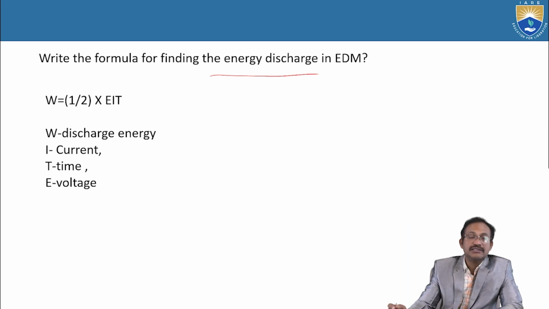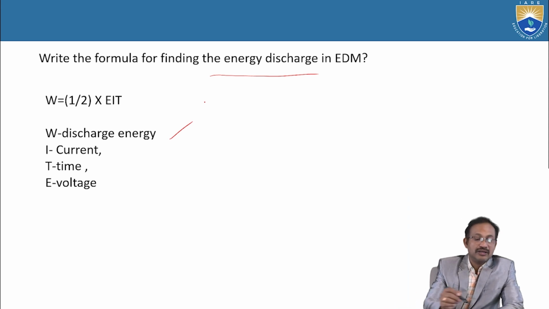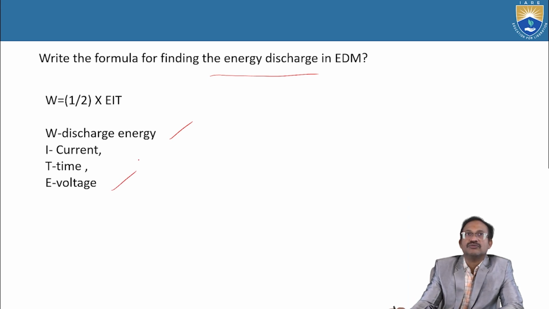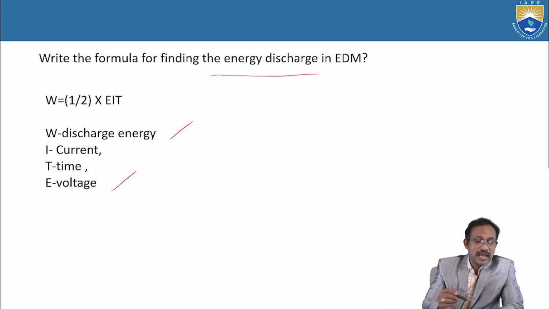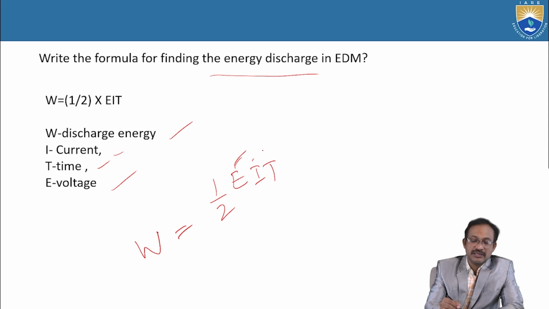The formula is W equal to discharge energy, half of EIT, where E equal to potential, that is voltage in volts, and I is the current and T is the time. So half of EIT is the discharge energy.